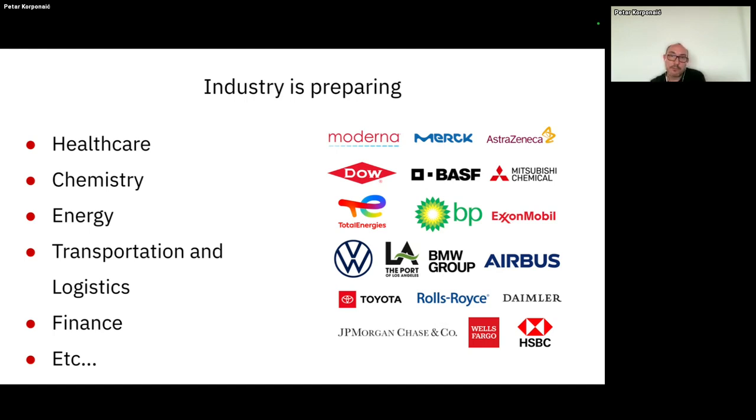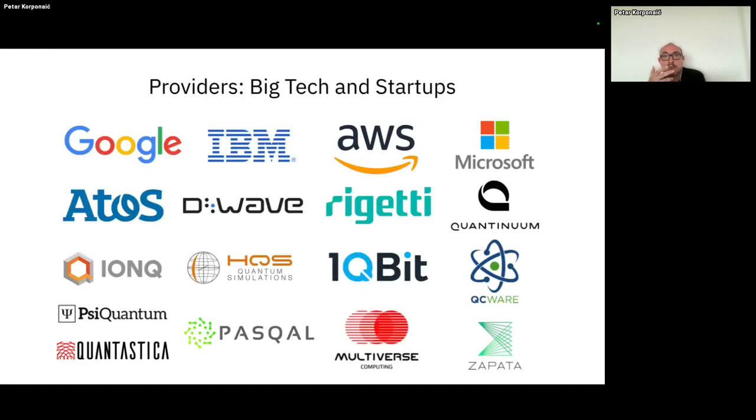Now we have customers, we have users of quantum computing. We also have providers. So who are providers? Providers are both big tech and startups. And again, you have some familiar names, at least in the first row. There is Google, IBM, AWS, and Microsoft, which are big tech companies. Apple is not yet in the game, at least as far as I know.